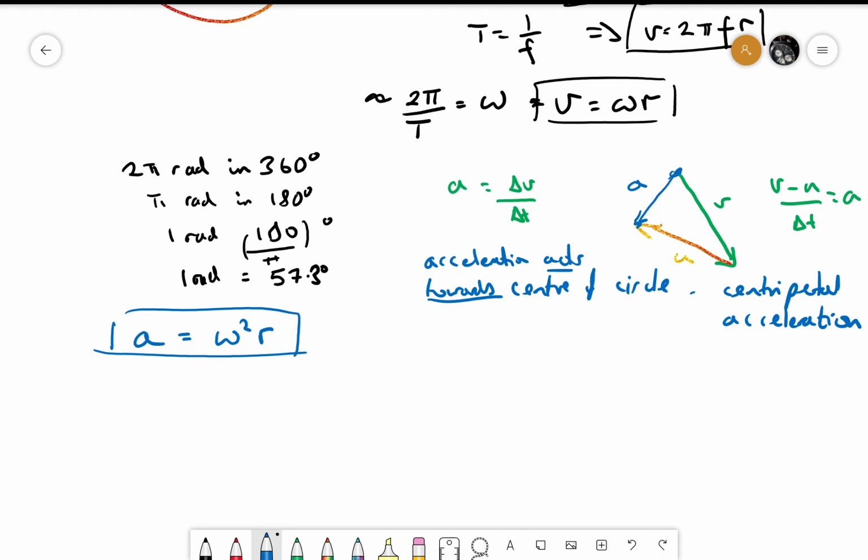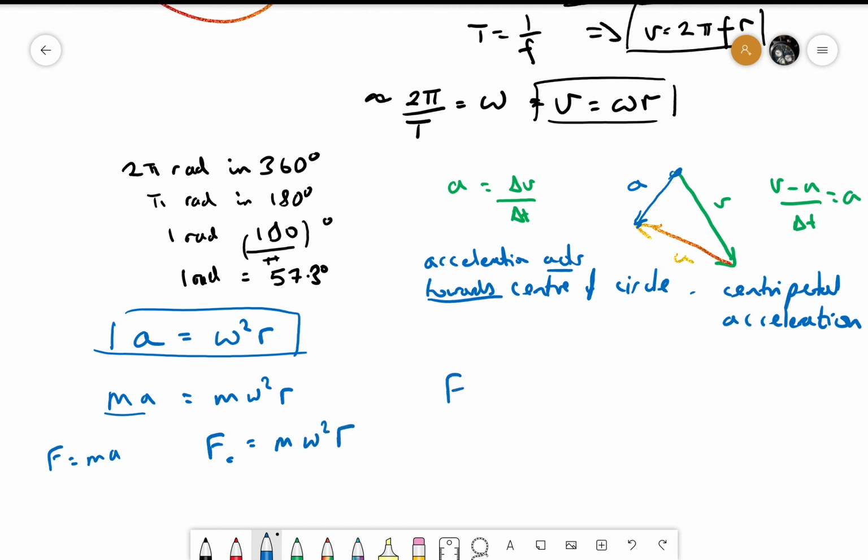So acceleration is equal to omega squared, omega being 2 pi over T, times r. And to find the centripetal force, therefore, how much force is acting towards the center of the circle, which is deriving this acceleration, we multiply throughout by m, because ma is from F equals ma. So we can now say that centripetal force is m omega squared r.